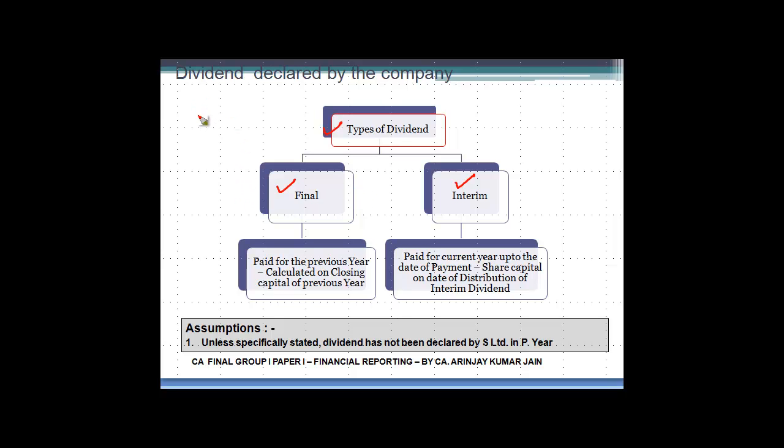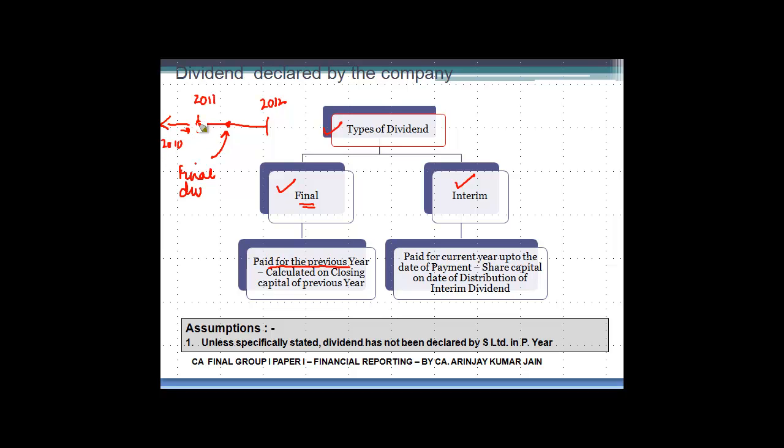So let's say, for example, we are dealing with a case of 2011-2012. And somewhere here you are given in the question that a final dividend was declared by the subsidiary. Then basically the assumption is that this final dividend is paid for the previous year, which means year preceding this year 2011-12, which is 2010-11, right?